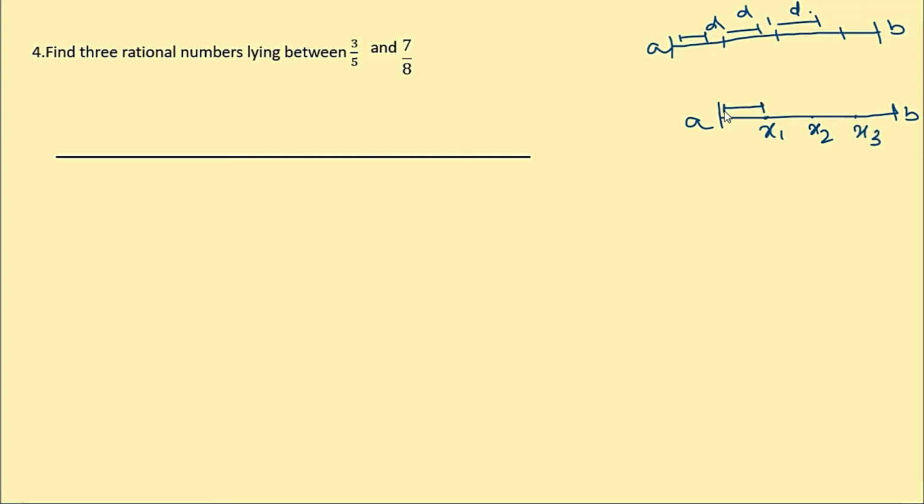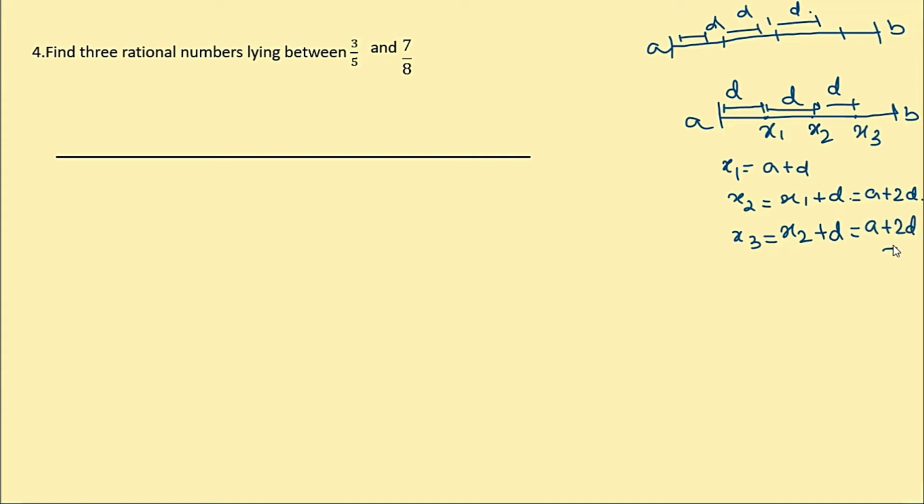If the distance from A to x1 is d, here also the same d, here also the same d, then x1 will be a plus d, x2 equals x1 plus d or a plus twice d, and x3 equals x2 plus d, that is a plus twice d plus d, that is a plus 3d.